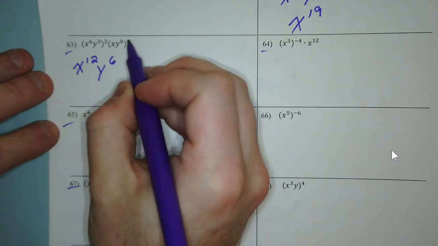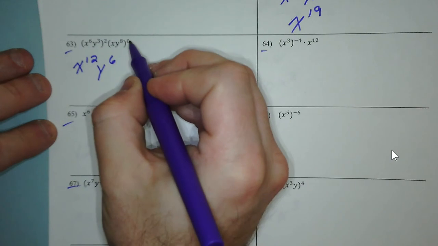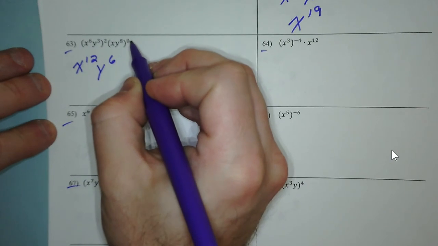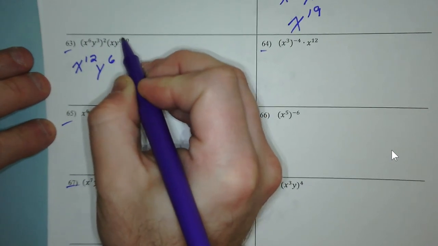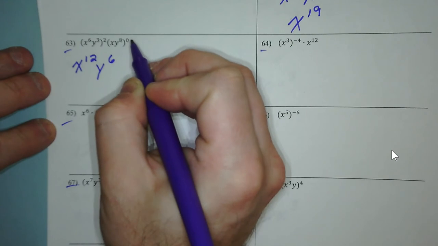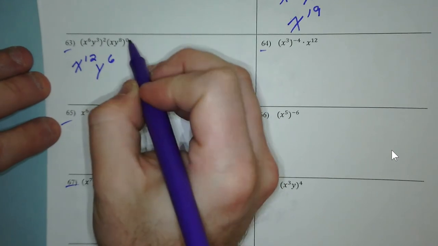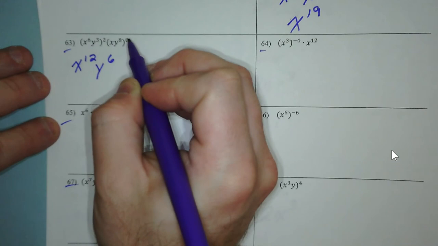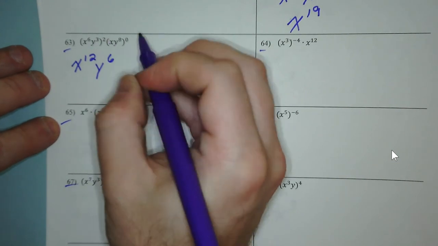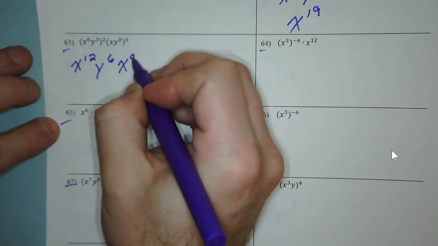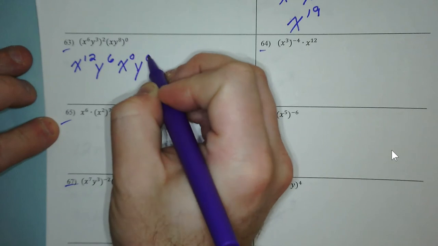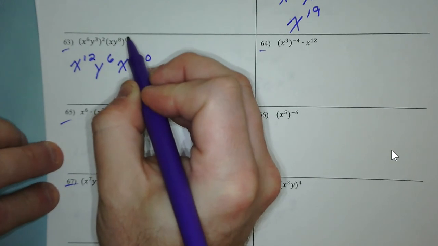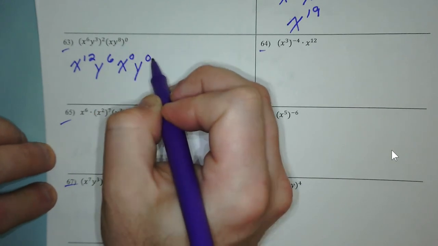And then, let's say you didn't immediately notice that this whole bubble to the 0 power is just going to be something. Let's say you actually go through the motions of not distributing, but I can't think of a better word, distributing the power. So it'd be x to the 0, y to the 0, because 8 times 0 is 0.